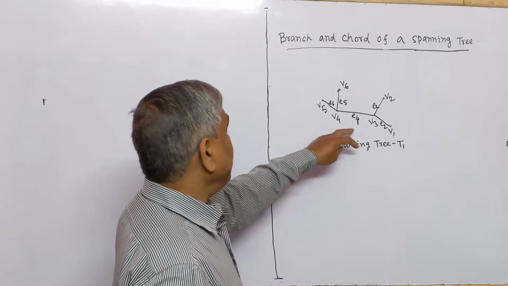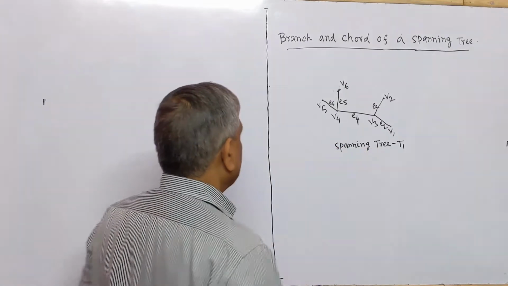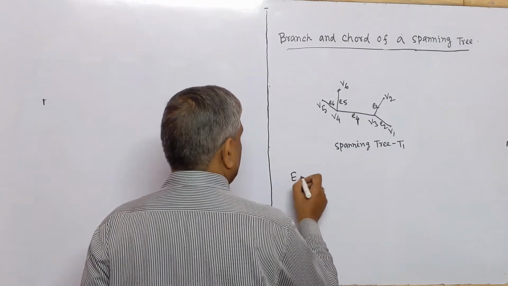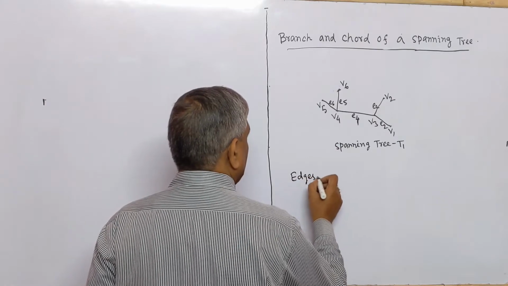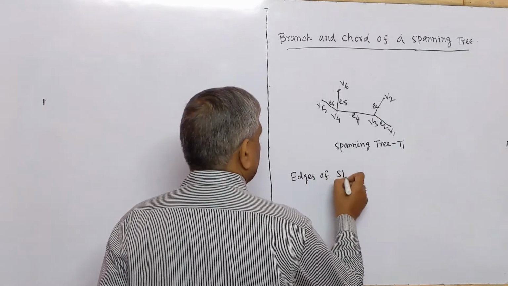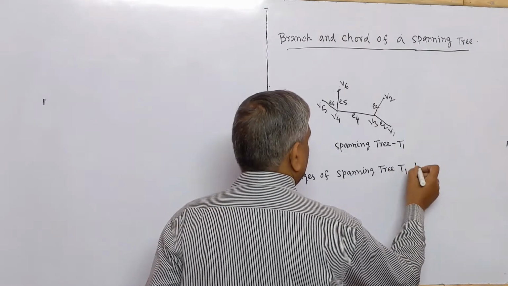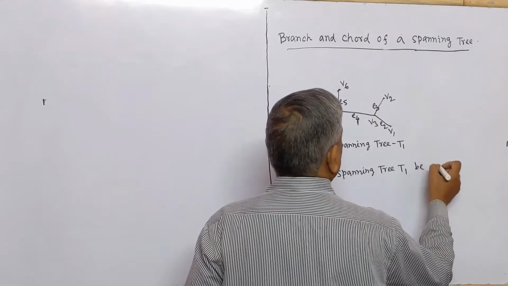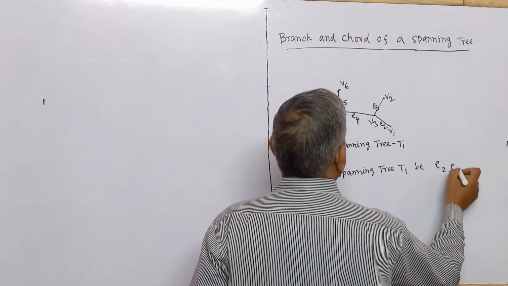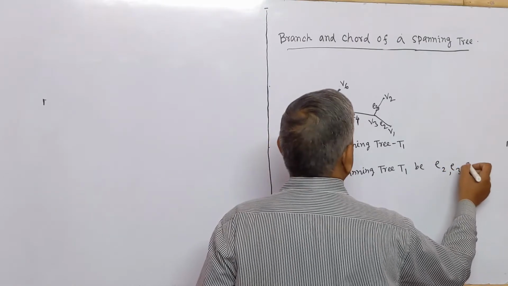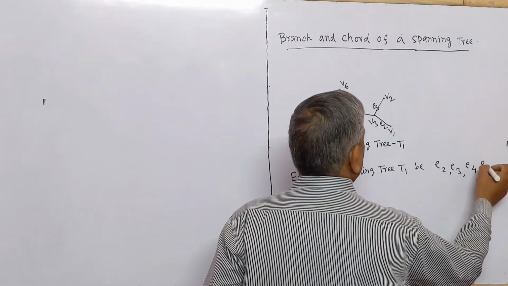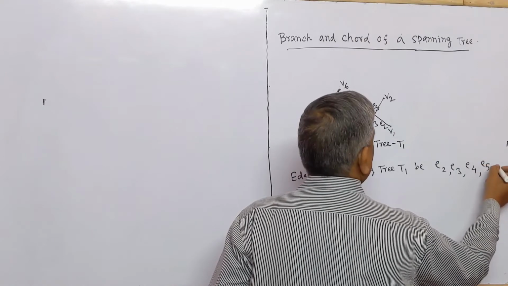Here edges of the spanning tree T1 are E2, E3, E4, E5, E6.